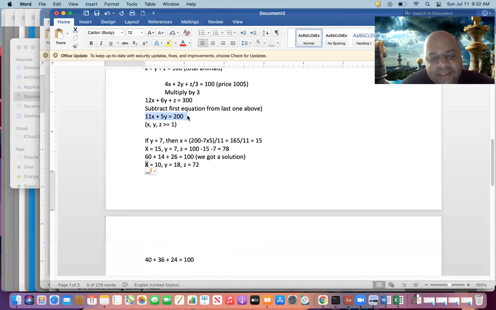Now if y is equal to 29 and x is equal to 5, that is 34, then how much will z have to be? 100 minus 34 is 66. 66 z means the price will be $22. 29 y is 29 into 2, which is 58. 58 plus 22 is 80, and plus 5 x, 5 into 4 is 20, makes 100. So you have got one more solution.